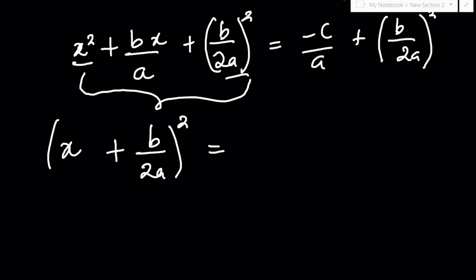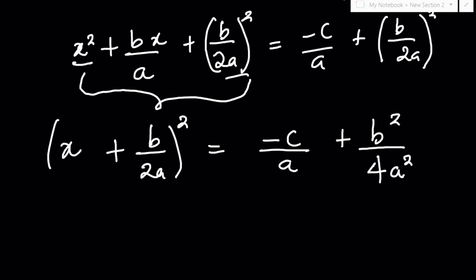Now I want us to solve this. Let's try and solve this. So this will be minus c over a plus, now let's distribute the square to both the numerator and denominator. So we have b squared over 2 squared, which is 4, and then a squared is a times a, which is a squared, right? So let's solve this.